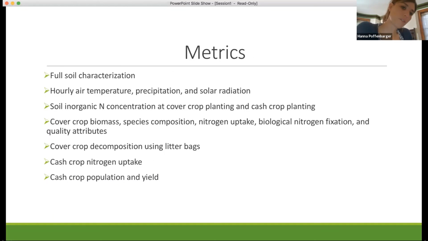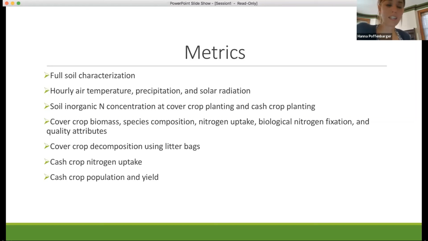And then in terms of our metrics, we plan to fully characterize the soils at each location. Basic weather data collection. We'll have soil inorganic N sampled in the fall and also in the spring.